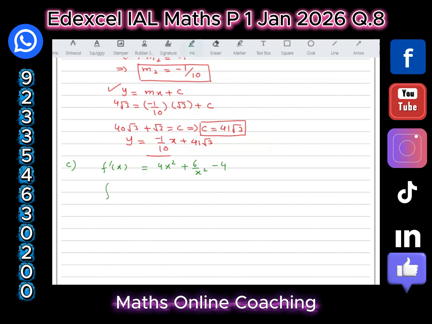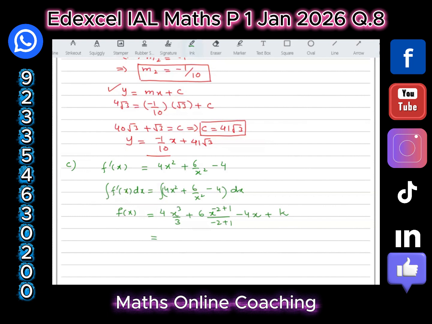So integrating, we have integral f dash x dx is equal to integral 4 times x square plus 6 by x square minus 4 dx. It gives f of x is equal to 4 times x cubed by 3 plus 6 times x raised to power minus 2 plus 1 by minus 2 plus 1, minus 4 times x plus k, constant of integration.